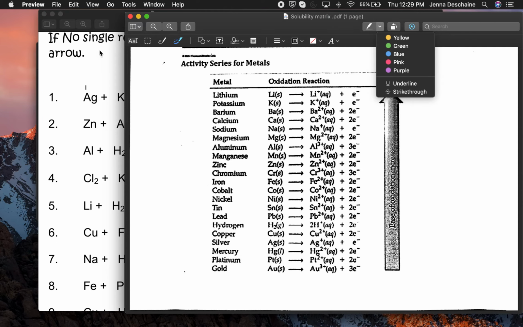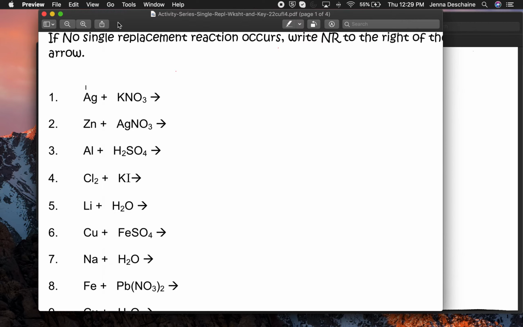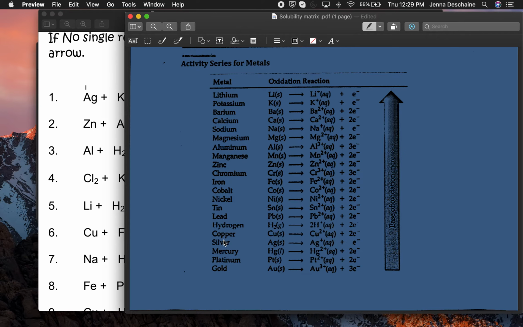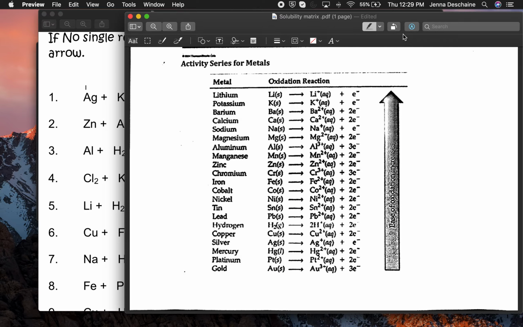All right, well, anyways, so when I look at the solubility matrix, I'm going to look at my 2 metals of interest in the actual problem. So in this case, it's going to be silver and potassium. So I'm just going to highlight those very quick. Silver, which is right, that did not work.